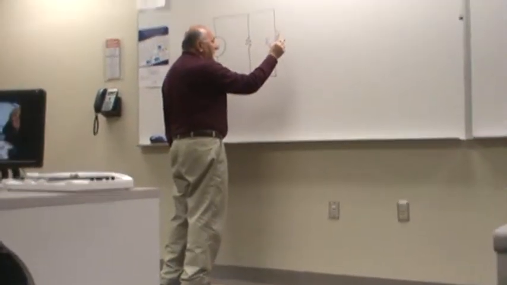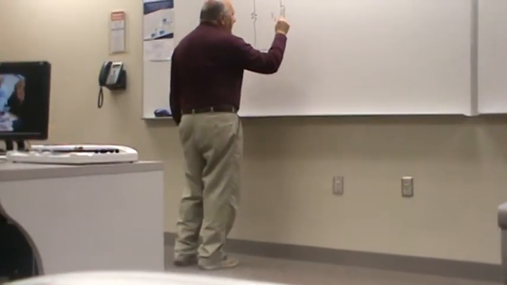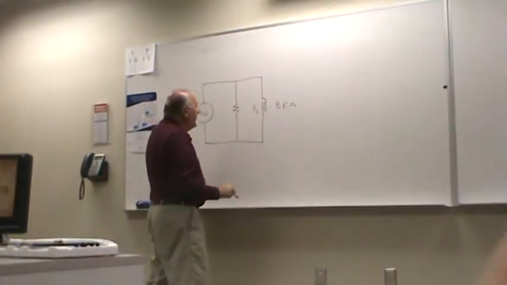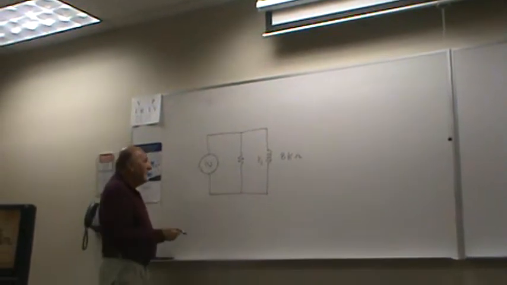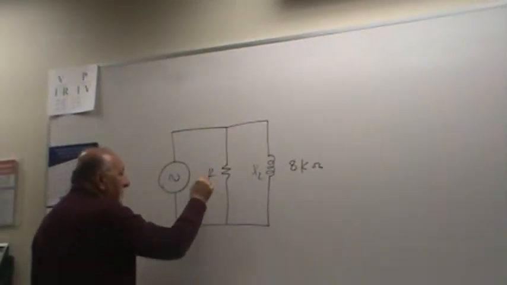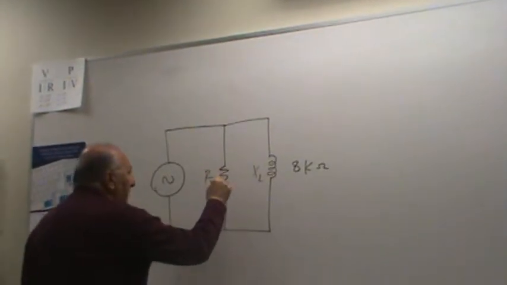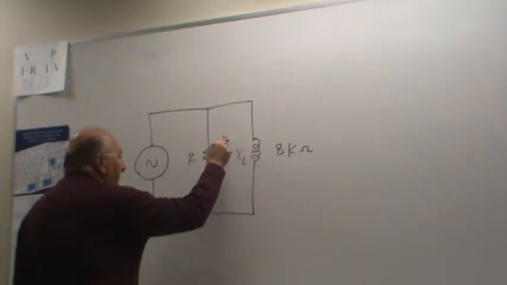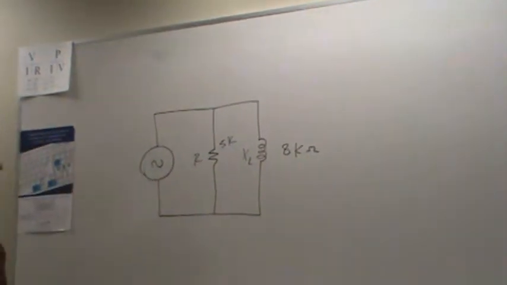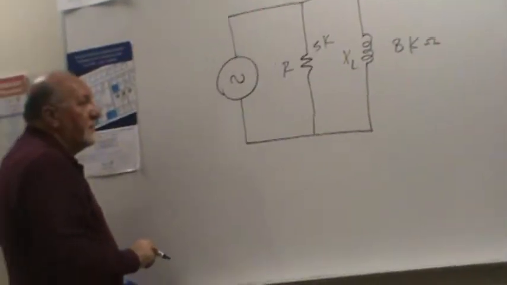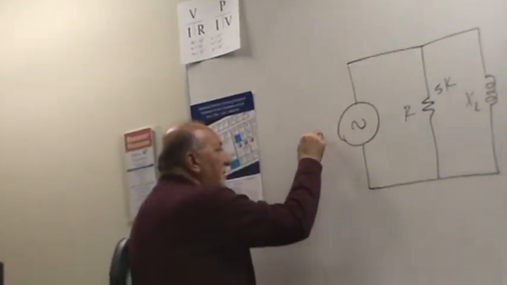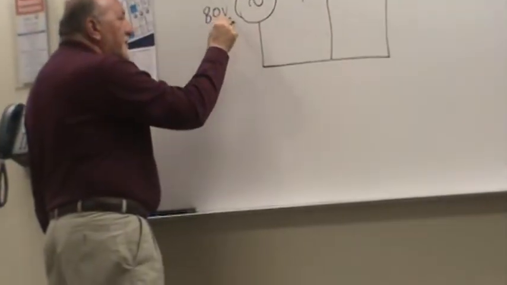Let's say XL is 8K, and let's say that R is 5K. So 5K, 8K. And let's say I have an 80 volt RMS supply.